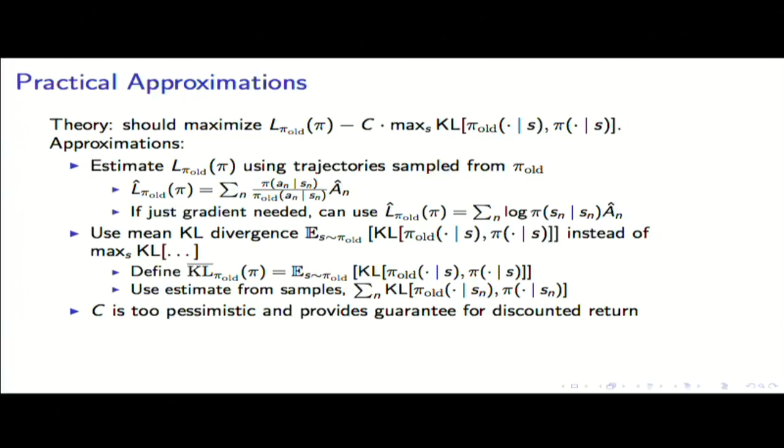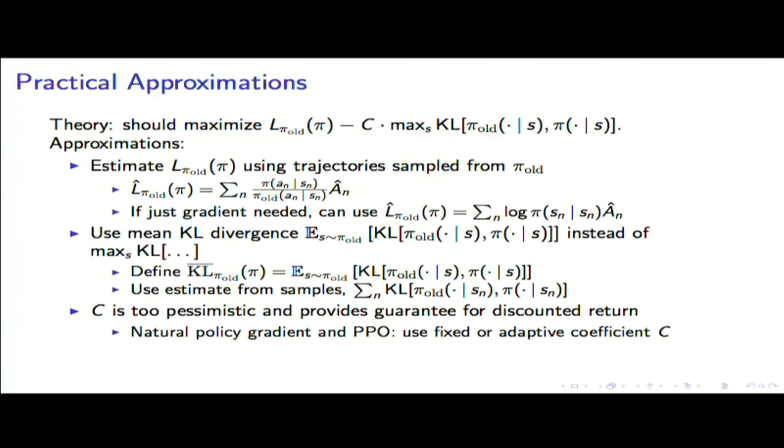So it actually doesn't provide us with a very useful guarantee. Instead, we're going to use a fixed coefficient that we determine heuristically, or an adaptive coefficient. And then we're going to talk about another algorithm called TRPO that uses a hard constraint on the KL divergence instead of a fixed penalty.